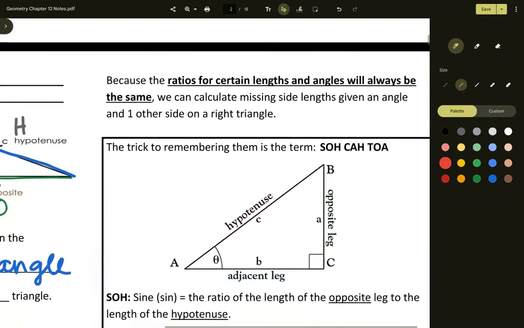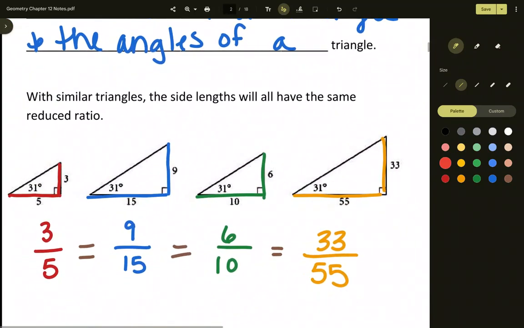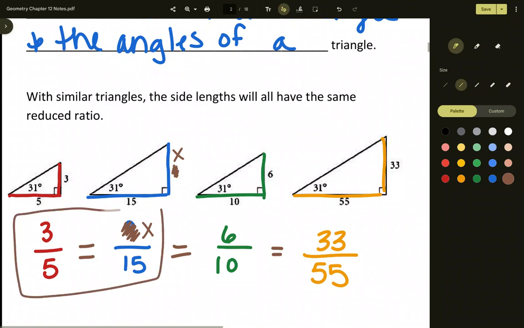So if I think back down to the triangles down here, it's nice when we have two triangles to compare with. And let's say that this 9 right here was actually our missing value from our last chapter. We could set up a proportion and we could cross multiply using these two ratios to solve for x. But oftentimes we're just going to be given one triangle.